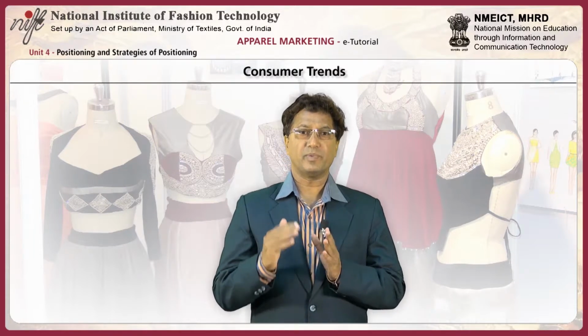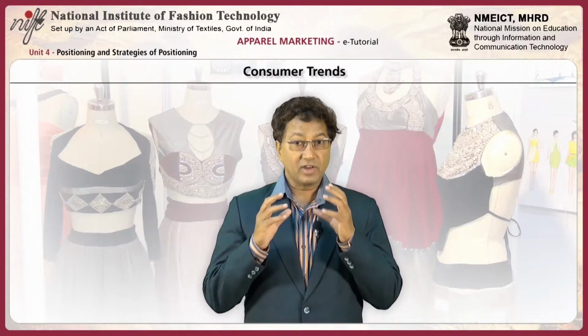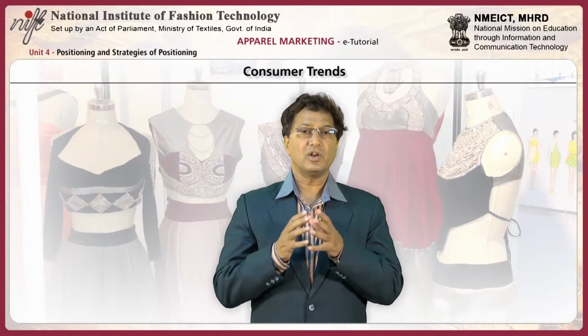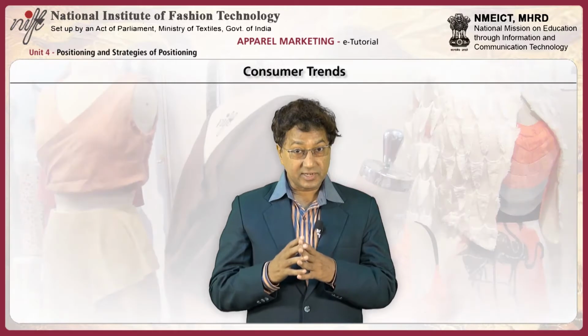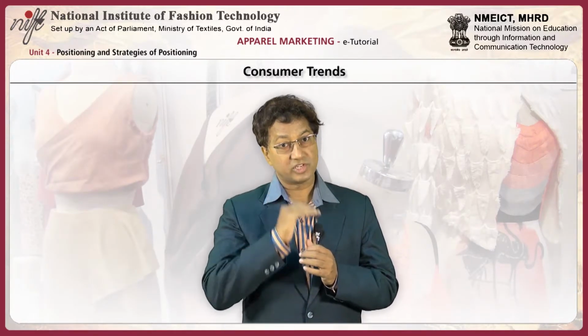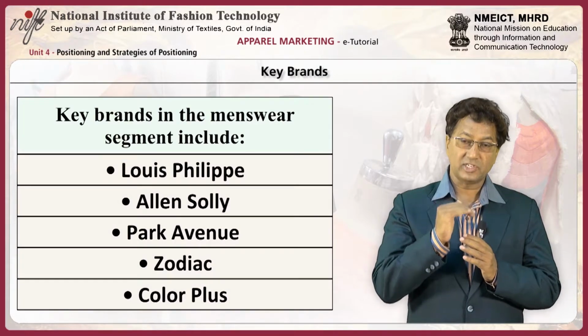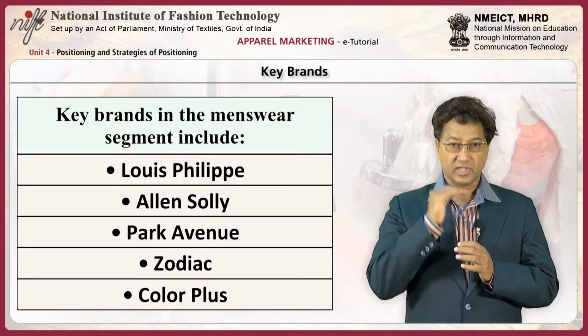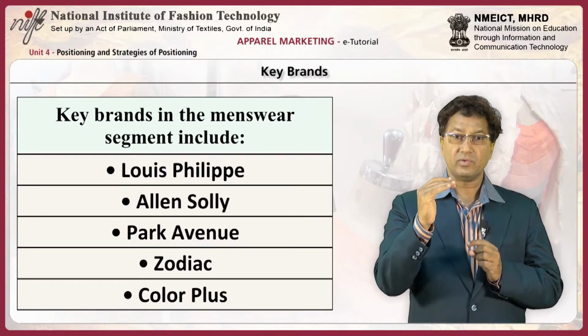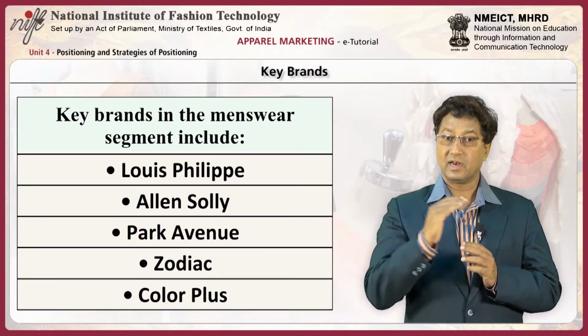Customers in the super premium segment are willing to pay a premium to ensure that their clothing is distinctive and indicative of their social position. Key brands in the menswear segment include Louis Philippe, Allen Solly, Park Avenue, Zodiac and Color Plus.